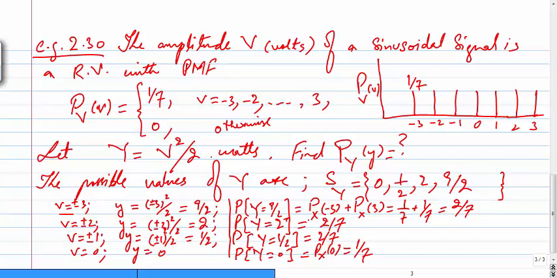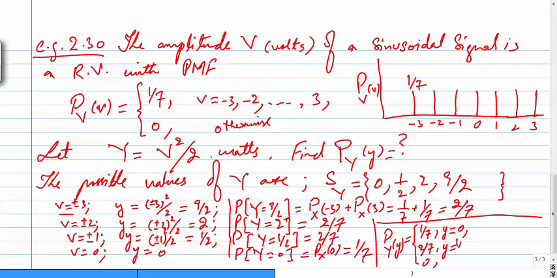Now if I write the PMF, okay, so the PMF of y becomes 1 by 7, 2 by 7 and 0. 1 by 7 when y is equal to 0, 2 by 7 when y is equal to 1 by 2, 2 and 9 by 2, 0 otherwise.